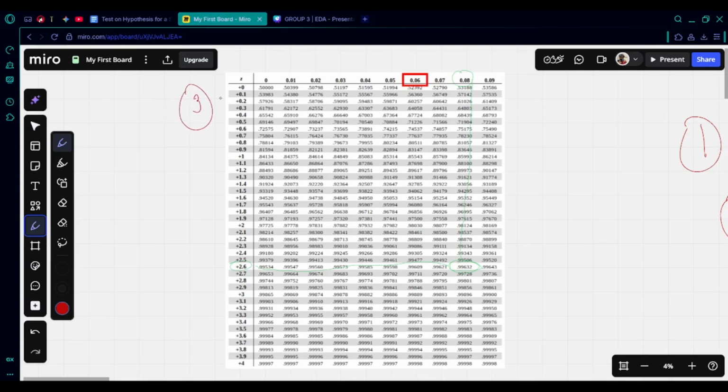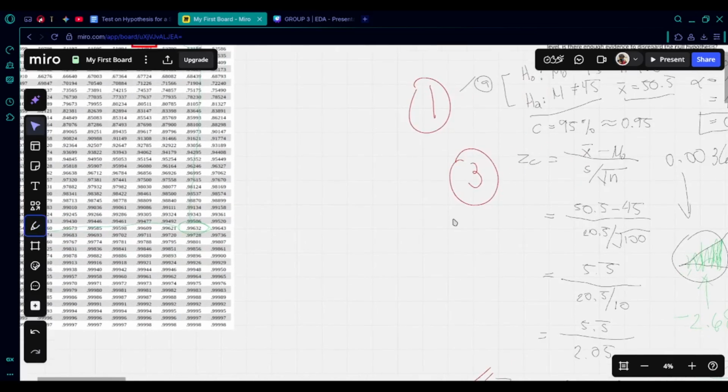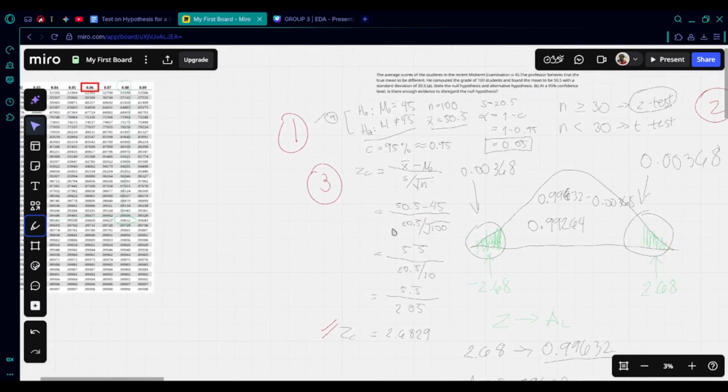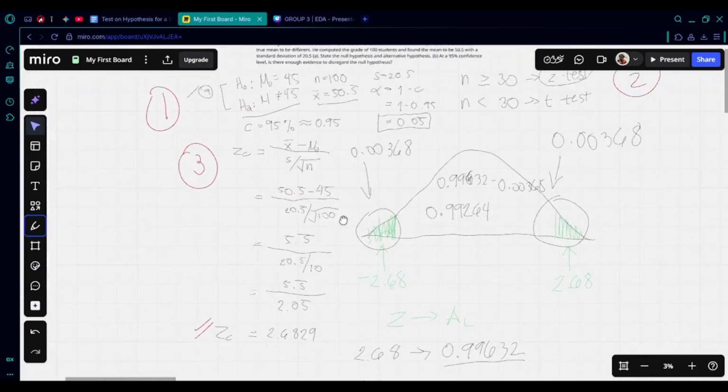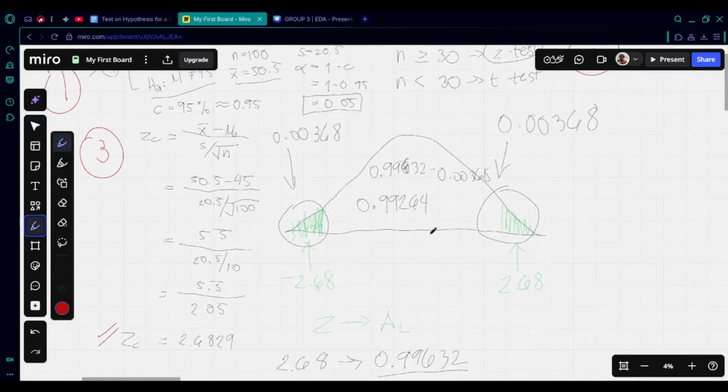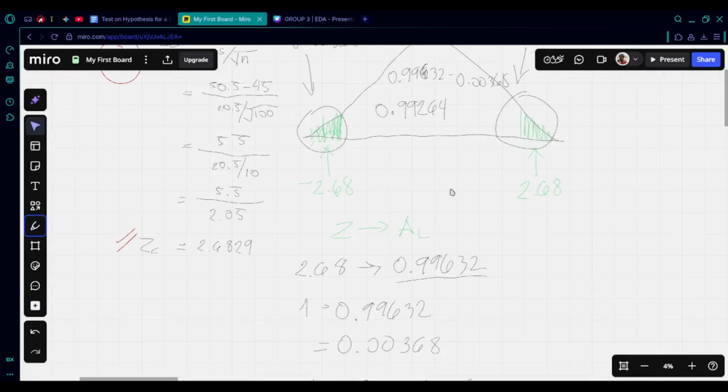After we locate the value crossing on the 2.68, we will be using it to compute for the values of the shaded region.